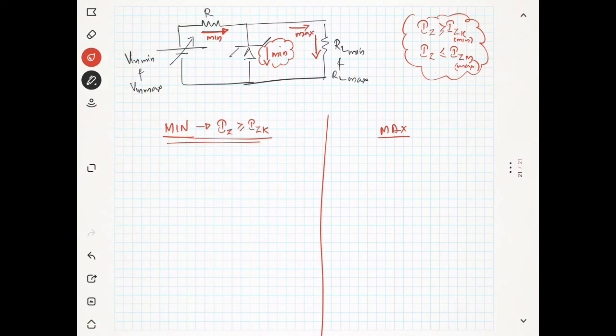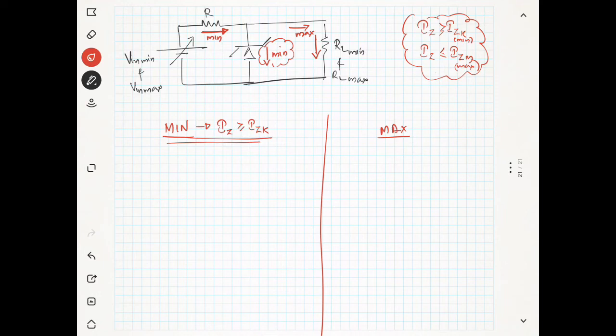Suppose you have a current of some 100 milliampere, and 99 is flowing through the load, then this current will be only 1 milliampere. So what does it indicate? It indicates that the current through the Zener diode will be minimum only if the maximum current flows through the load and the current coming from the supply is minimum.